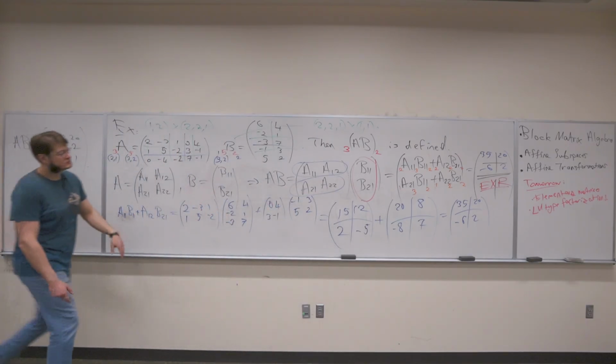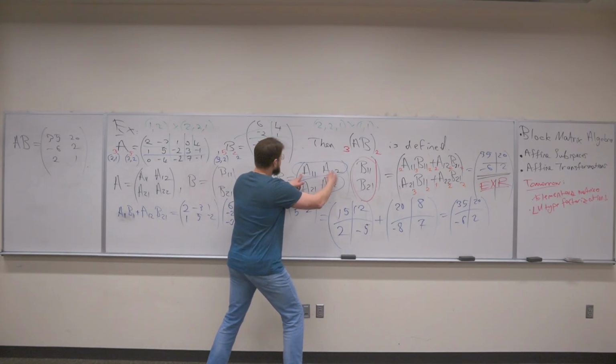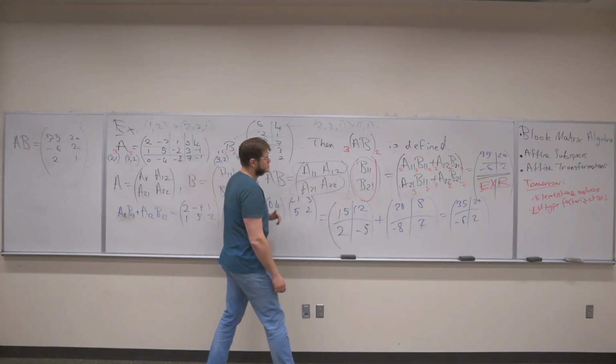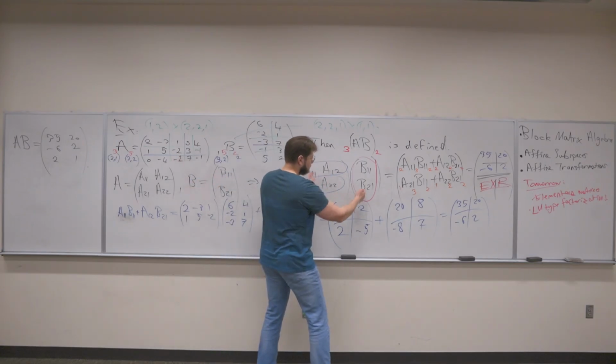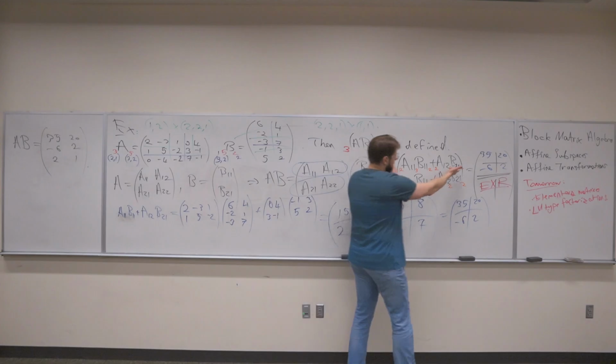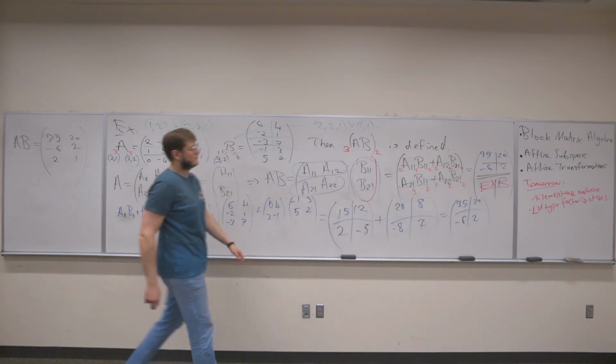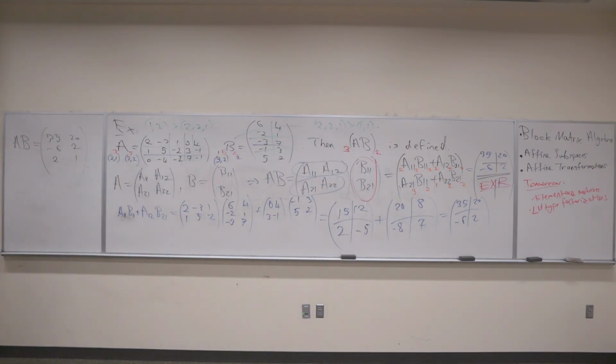As long as the partitioning of this matches with the partitioning of this, so that you can do the standard matrix multiplication thing as usual. It's really not that deep, but it's very convenient. It's more convenient than it looks. Any other comments or questions about this?